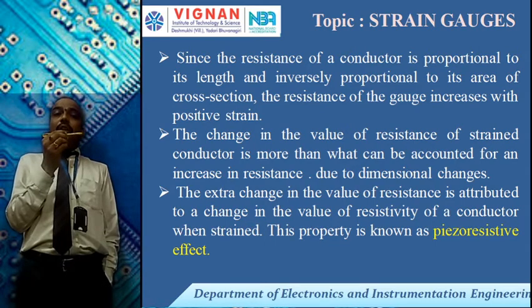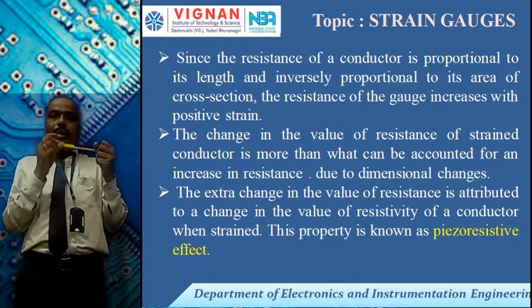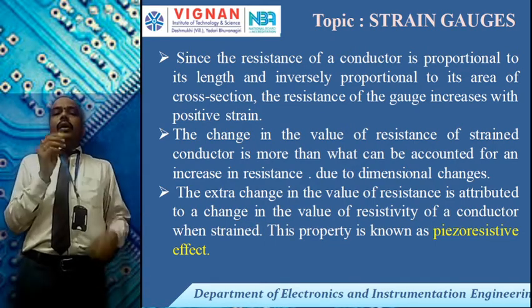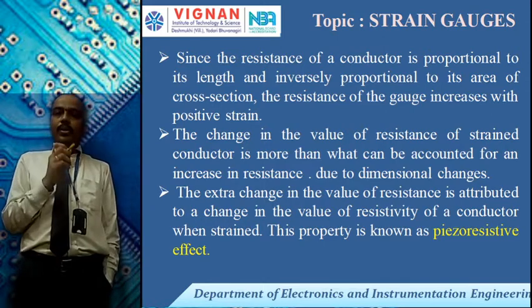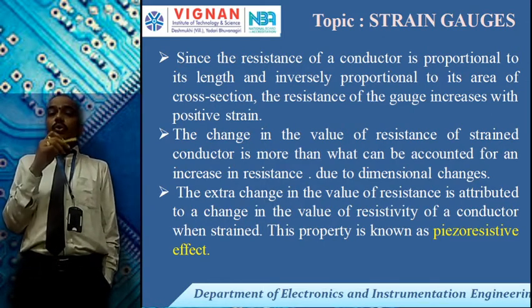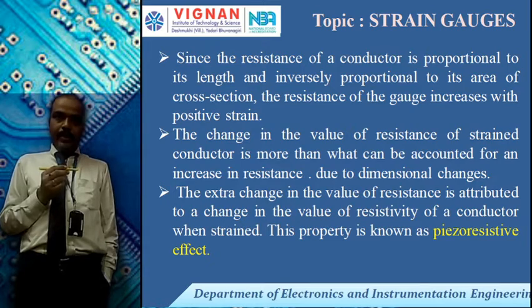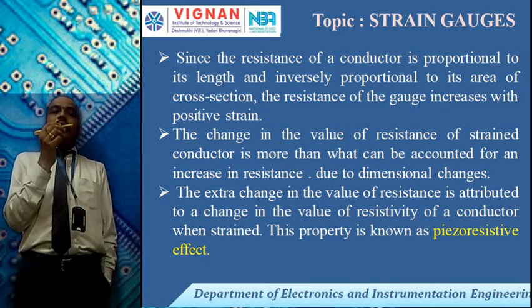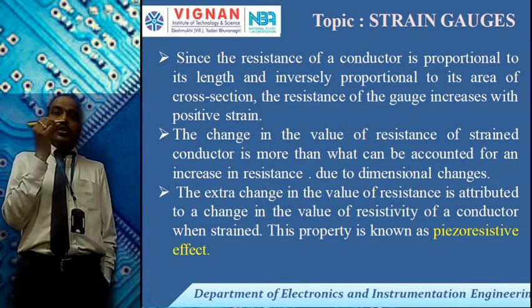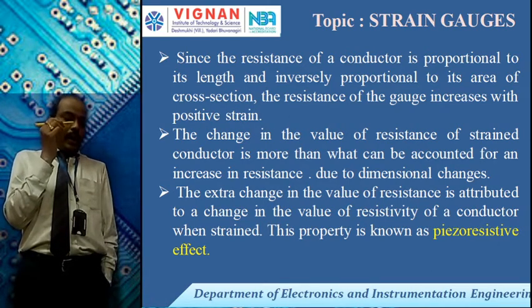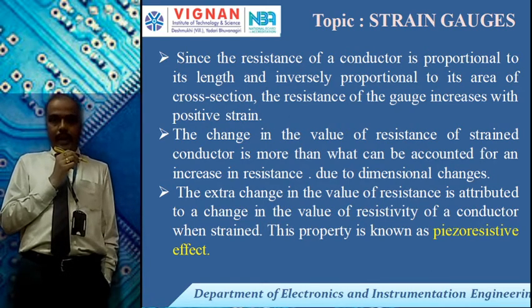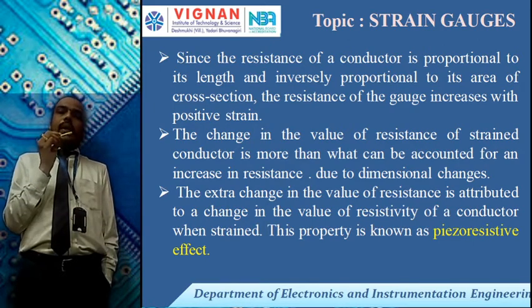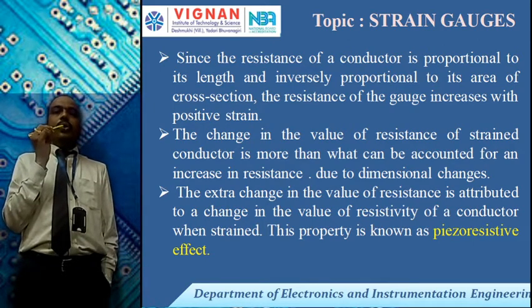But actually the change in resistance due to change in length and area is maybe only 0.4 or 0.5 ohms. The remaining 0.5 ohms is due to change in resistivity. The extra change in value of resistance is attributed to a change in value of resistivity of a conductor when it is strained. So this property is known as the piezoresistive effect.